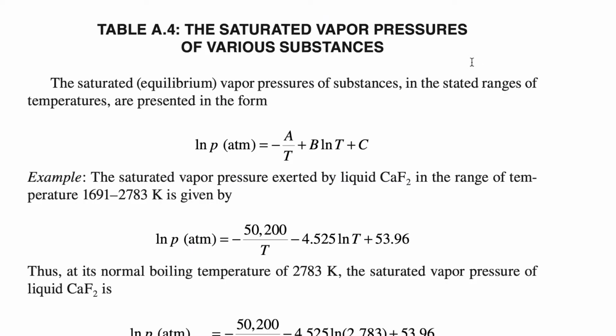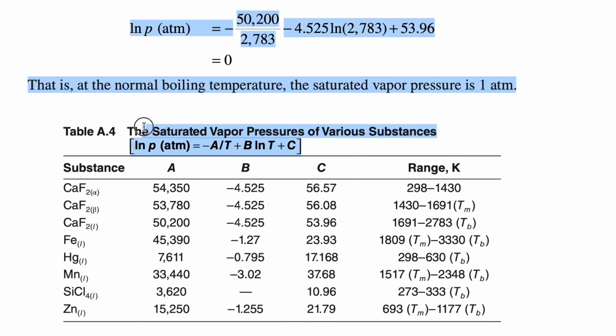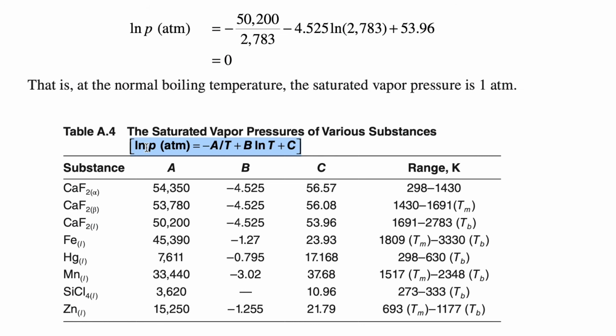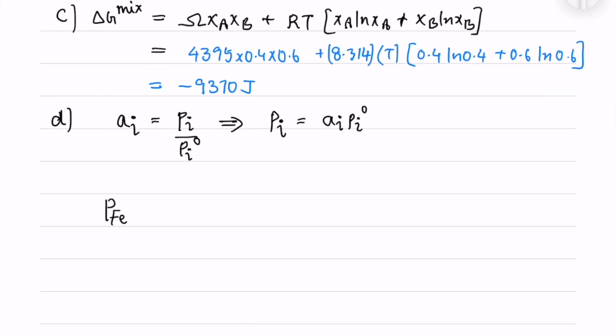So let's go to appendix A, table 8.4 on the back of the Gaskell textbook. From there you can get the standard vapor pressure of iron and manganese, which has this form. We will use this appendix part in solving our D part. We know activity is nothing but the partial pressure of that component i divided by the standard pressure.